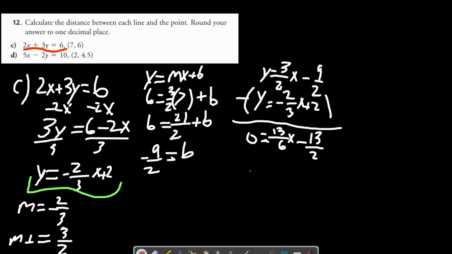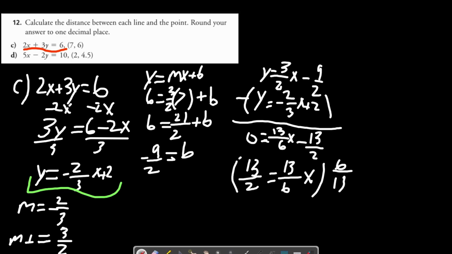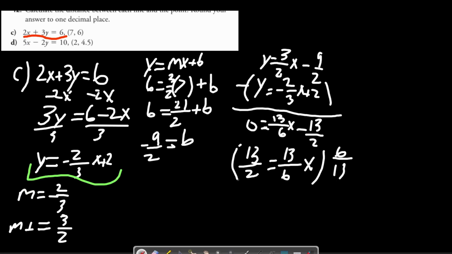Move this to the other side. We have 13/2 is equal to 13/6 x. If you multiply both sides by 6/13, then you simply get 3, and that will equal x.